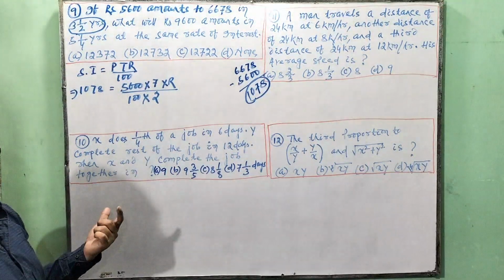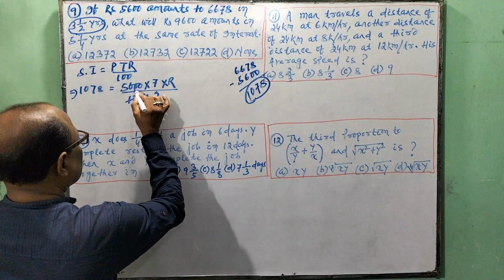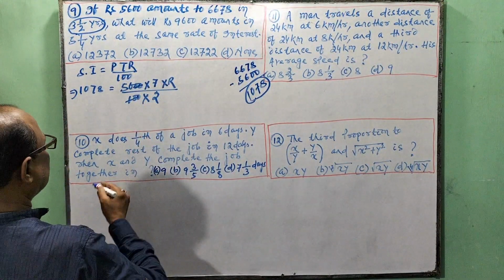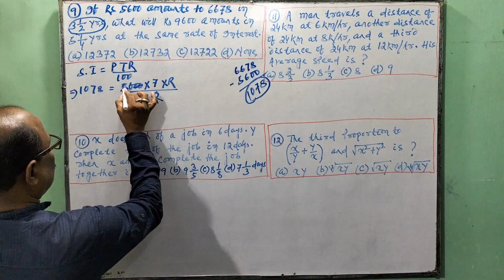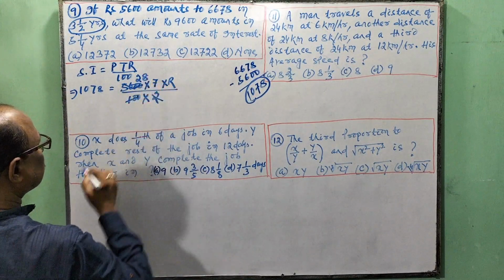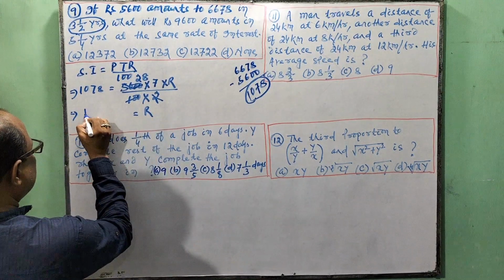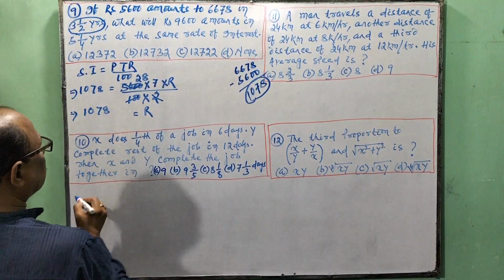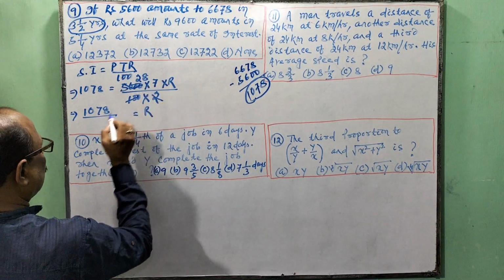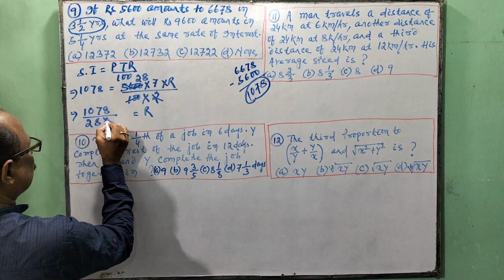Cancelling, R is equal to 1,078 by 28 into 7.